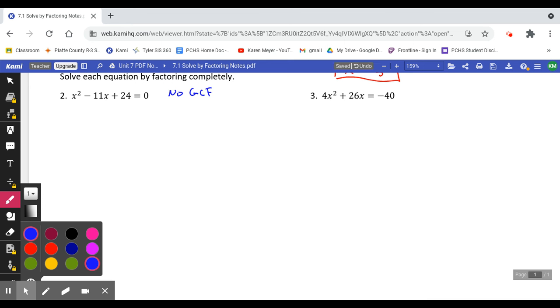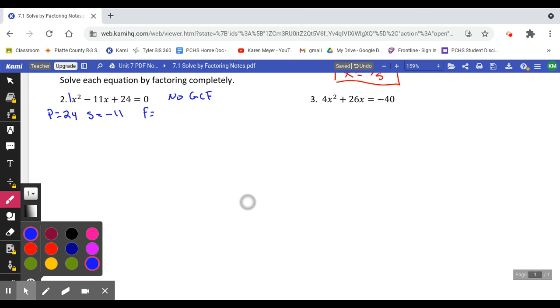So then let's just go through and list our product, which would be 1 times 24. Our sum, which is negative 11. That's the middle. So what multiplies for positive 24 that will add for negative 11? If you don't know it, make the list. If you do know it, fantastic. Should be negative 8 and negative 3.